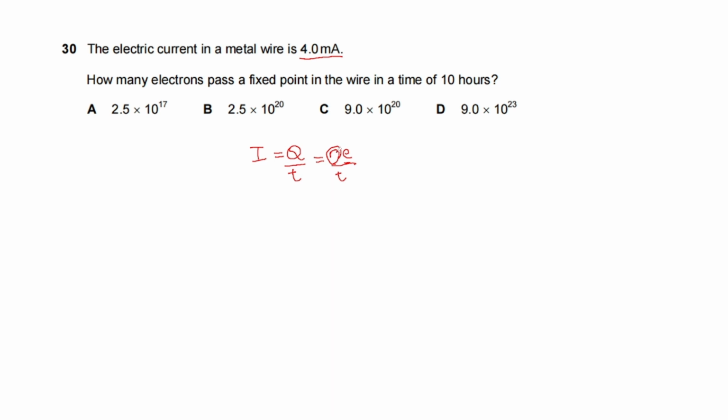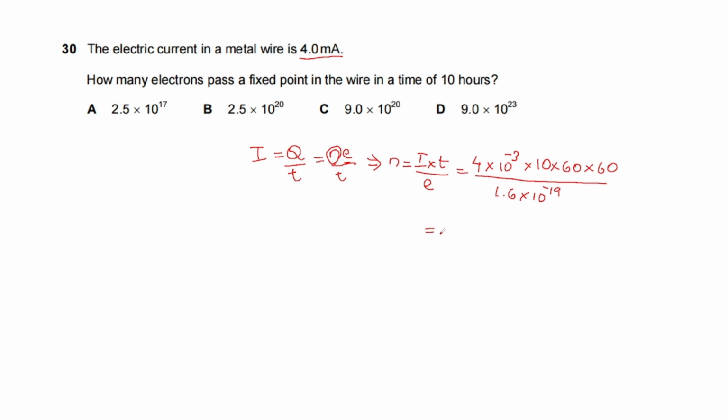What you need to find out? The number of electrons, right? Please rearrange the formula to find out N. Then the formula will be changed into I times T over e. So the current here is 4 times 10 to the power minus 3 amperes times 10 hours, which will be 10 times 60 times 60, divided by the charge of an electron, which is 1.6 times 10 to the power minus 19.